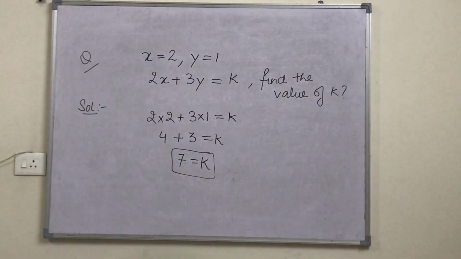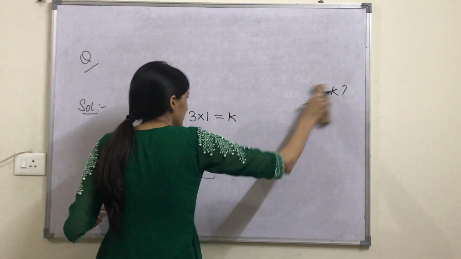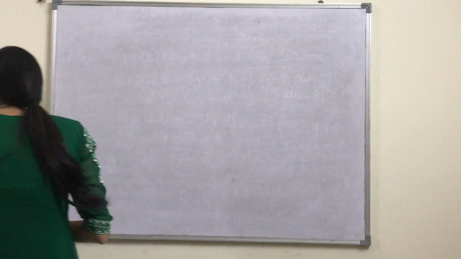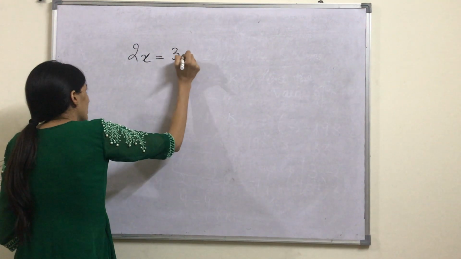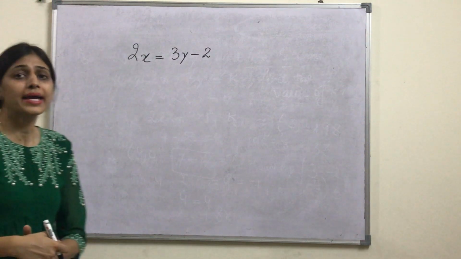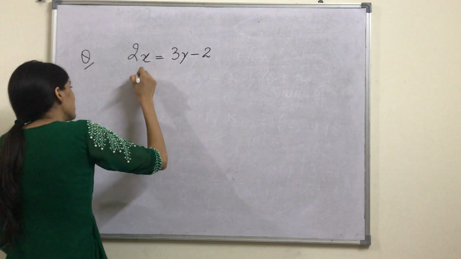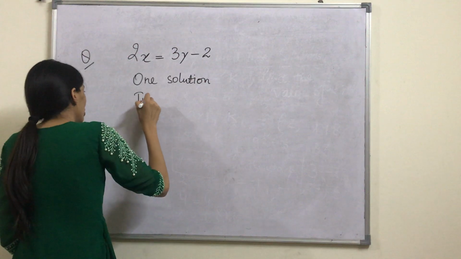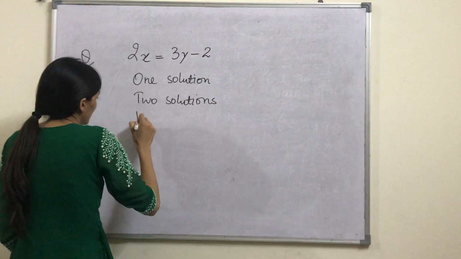Now, suppose the question is given to you, 3y minus 2. They are asking whether this will have one solution, two solutions, or infinitely many solutions.